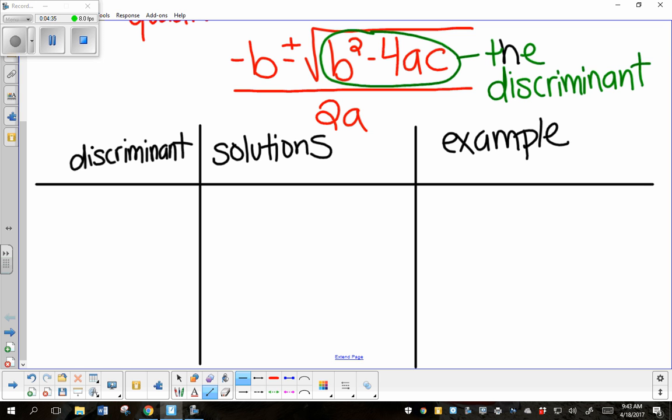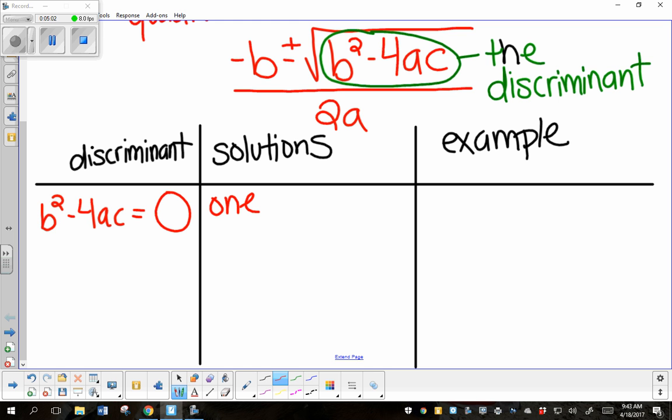All right, so if our discriminant, if b squared minus 4ac equals 0, so you've got the square root of 0. What's the square root of 0? 0. So you're not adding or subtracting anything onto the b, so it's almost like you could just forget about that part. It's just negative b over 2a. You just have one answer.